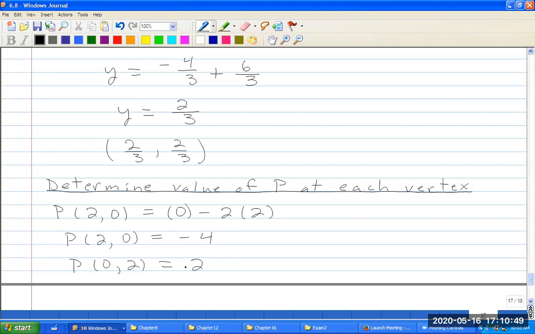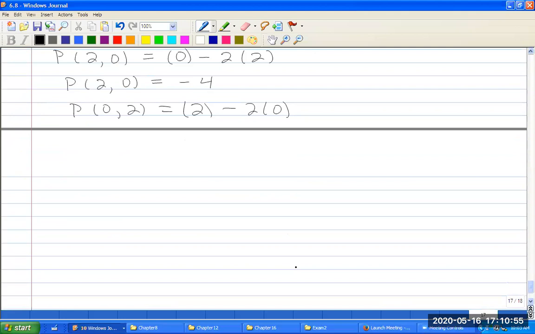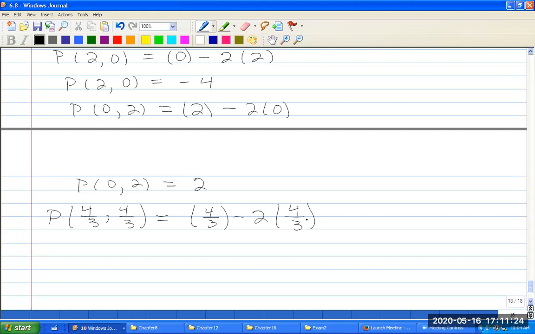So it's y minus 2x is equal to 2. And then let's look at 4/3, 4/3. So the value at 4/3 is y minus 2x. So 4/3 minus 8/3 is a negative 4/3.